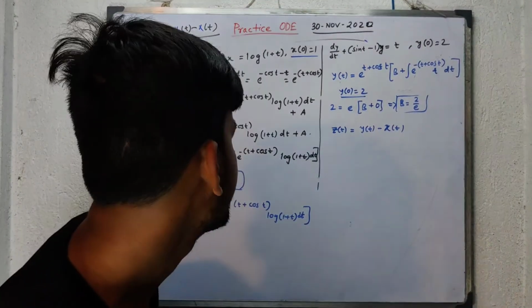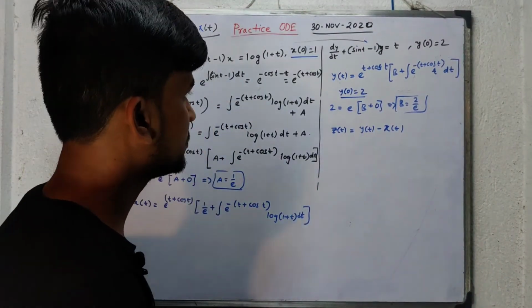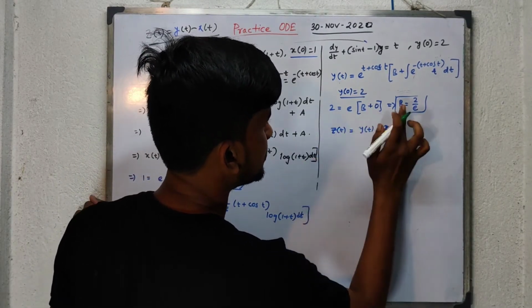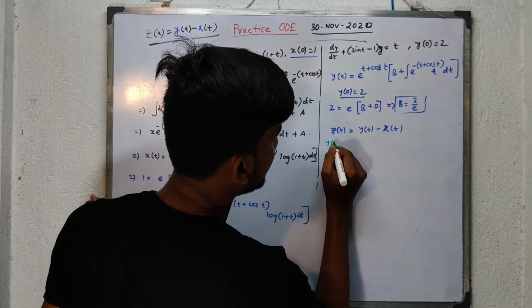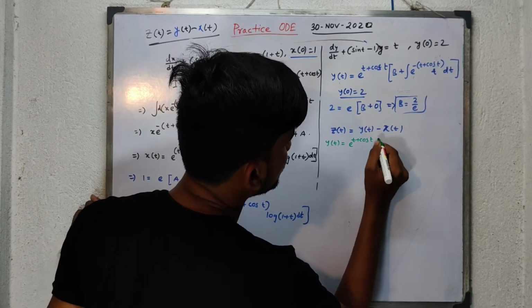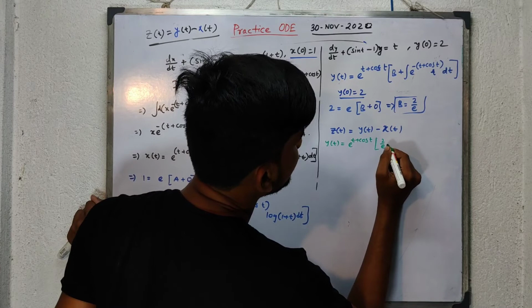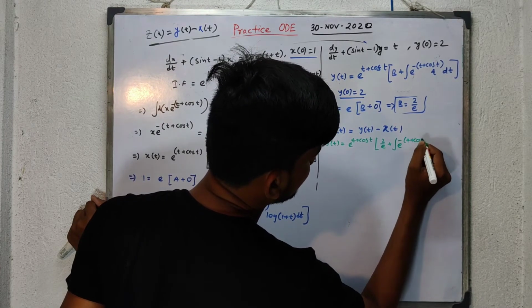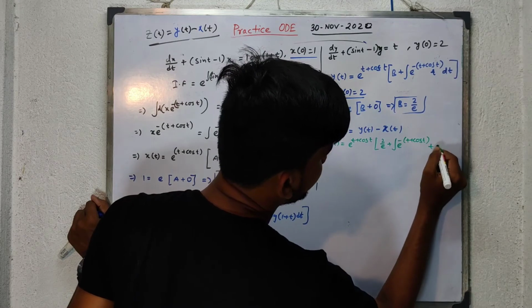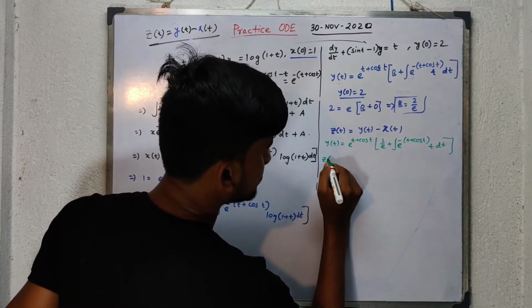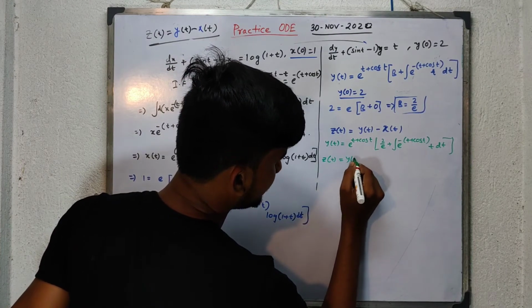Now if we solve this one, from this, y(t) equals exponential (t + cos t) times (2/e) plus the integral of e^(-t + cos t) times t dt. Now z(t) equals y(t) minus x(t).